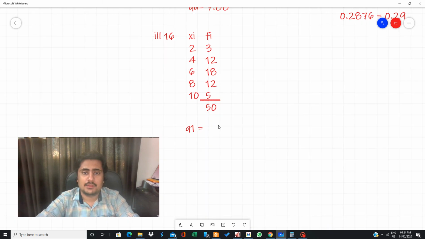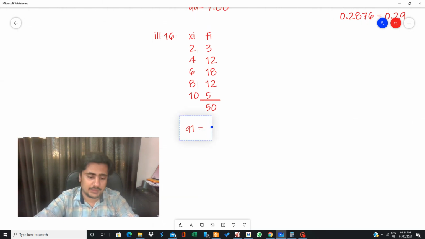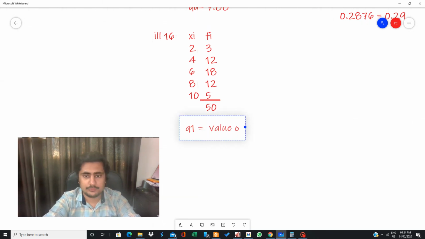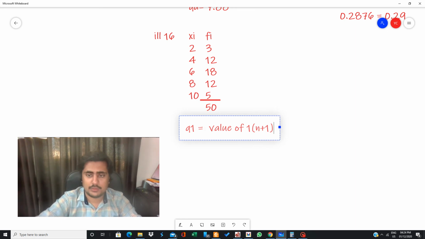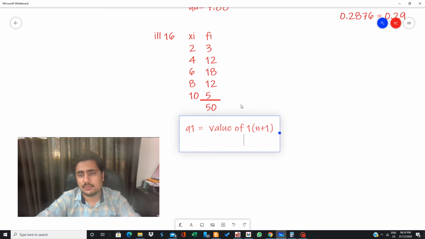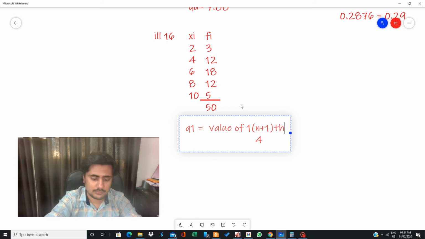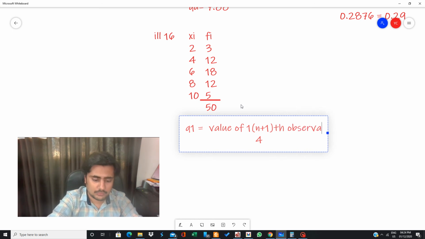So to find Q1, I'll be writing the formula. Q1 is the value of 1 into n plus 1 upon fourth observation.